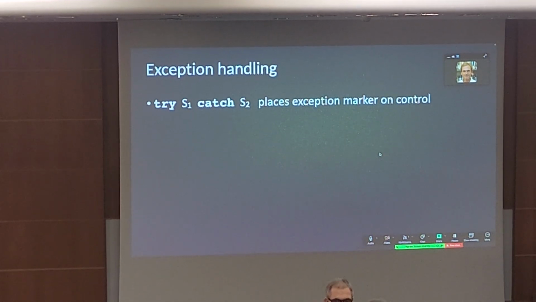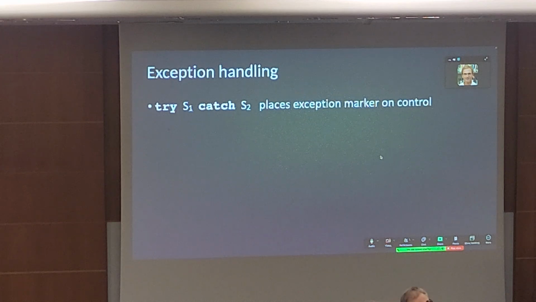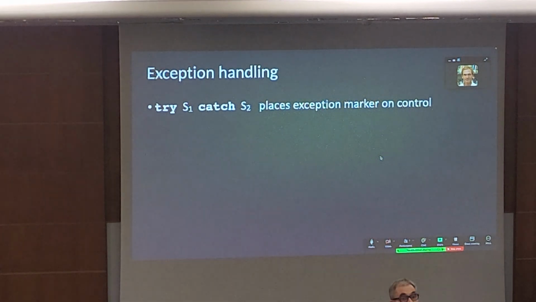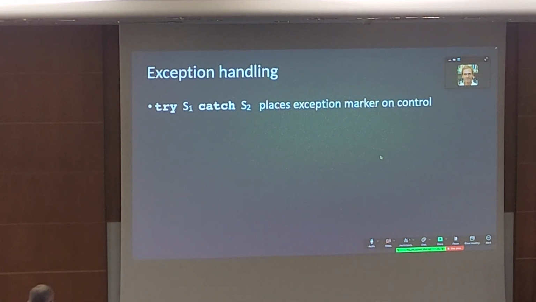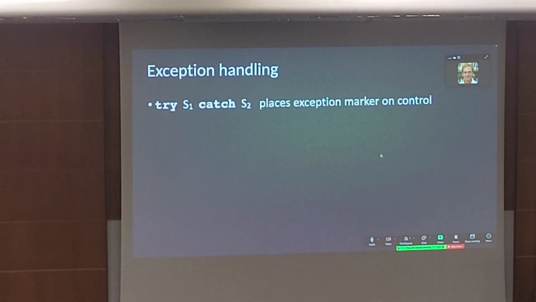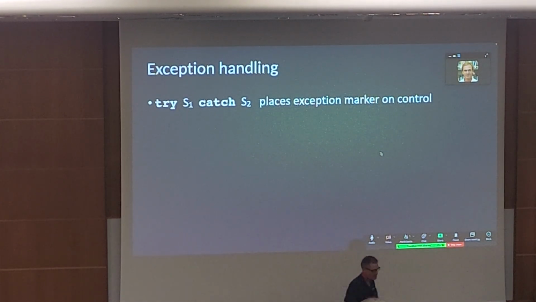And in that case, we need to abandon whatever we have done as a result of S1. All the stuff that is accumulated in control, deep in recursion, you could have a huge control stack, and the exception occurs. Now you need to get rid of all that stuff you have under control to get to S2. How do we do that? Mark, that's right. So we put a mark on the control. That tells you, okay, an exception will clear all the stuff on the control, get back to the right place, and install S2 on the control.